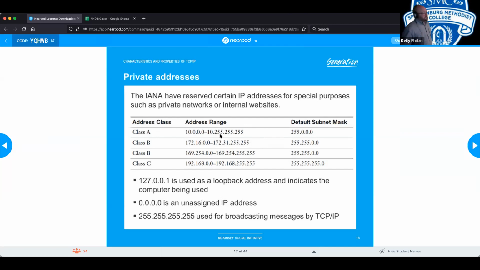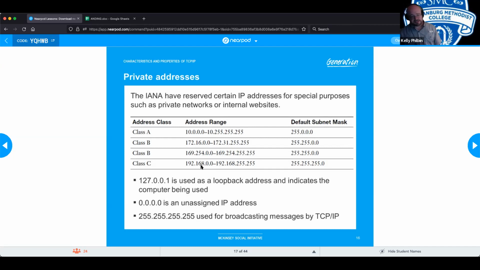Then you have class B. There are two sets of private addresses for class B, which is 172.16 to 172.31, and then 169.254.0 to 169.254.255.255. And then finally, your class C private is 192.168, which happens to be one of the most common ones we will see. Do I need to know these ranges? Yes, yes, you do.